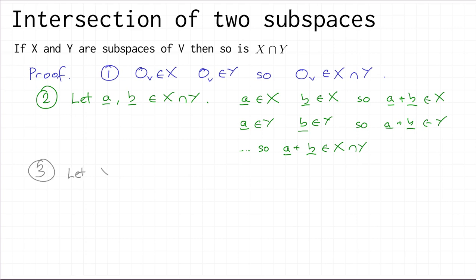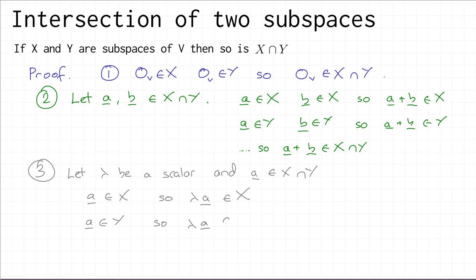So we will take a scalar lambda and we will take any element little a in X intersect Y, and we can just play the same game. a is in X, X is a subspace, so X is closed under scalar multiplication and lambda a is therefore in X. The exact same argument applies for Y, so lambda times a is in Y, and putting those two together, lambda a is in X intersect Y. We've shown X intersect Y is closed under addition, closed under scalar multiplication, and contains the zero vector, therefore it's a subspace.